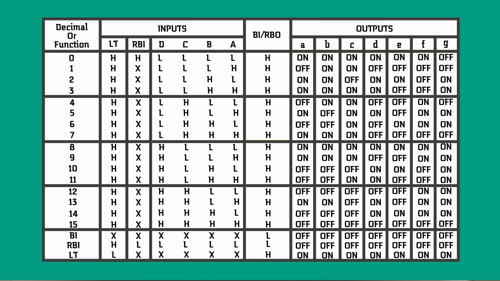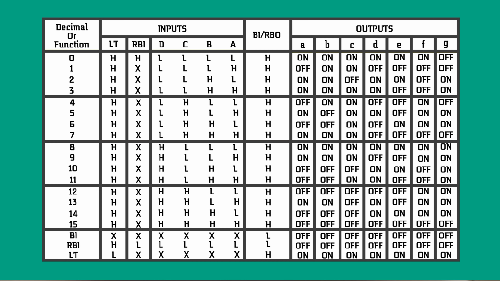Here you can see that if LT, RBI, and BI/RBO pins are all high, so a digital 1 and thus a high input voltage, and inputs A, B, C, and D are all low, then the 6 outputs A, B, C, D, E, and F are all on, and only output G will be off.